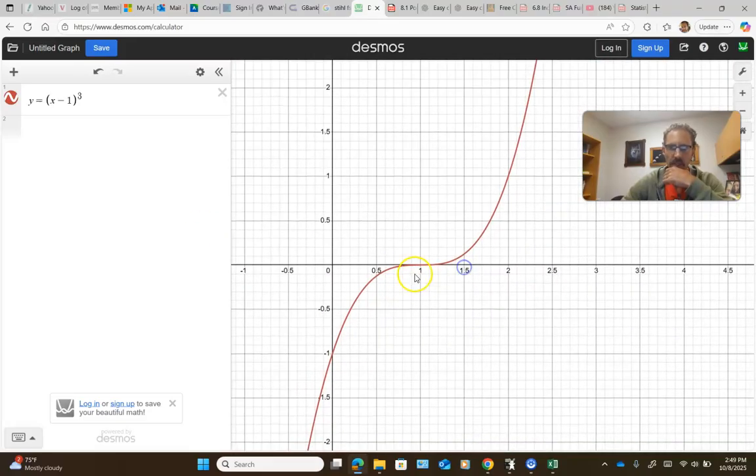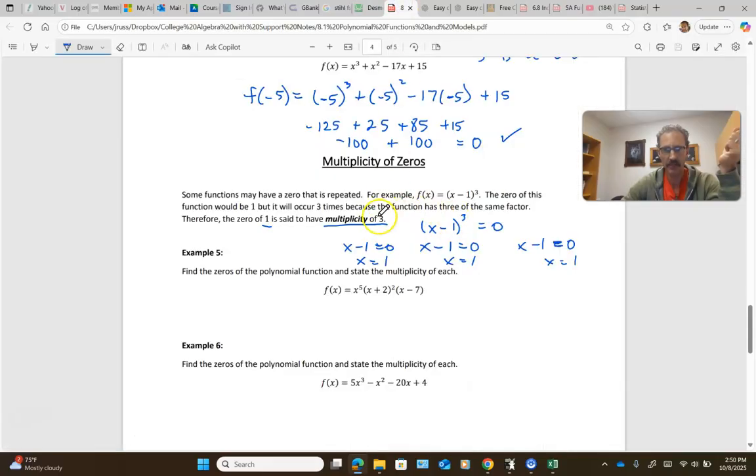Look where it crosses the x-axis. It crosses at 1. But in a way, it's kind of like crossing 3 times, because when you set those factors to 0, you get the number 1 three times. So we say that that 0 has a multiplicity of 3.